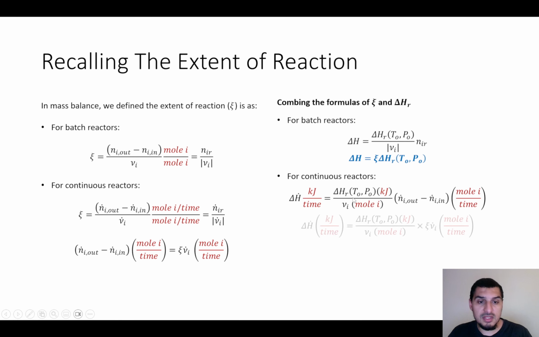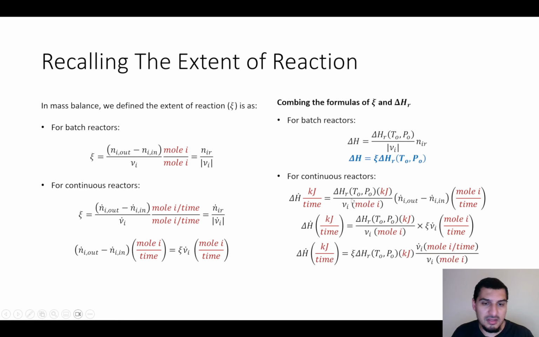And also for a continuous reactor, there is a derivation. It's a little longer, and I don't want to waste your time on it, but at the end of the day, what I want to reach is that the difference in enthalpy, or the delta H, is equal to the extent of reaction multiplied by the heat of reaction.